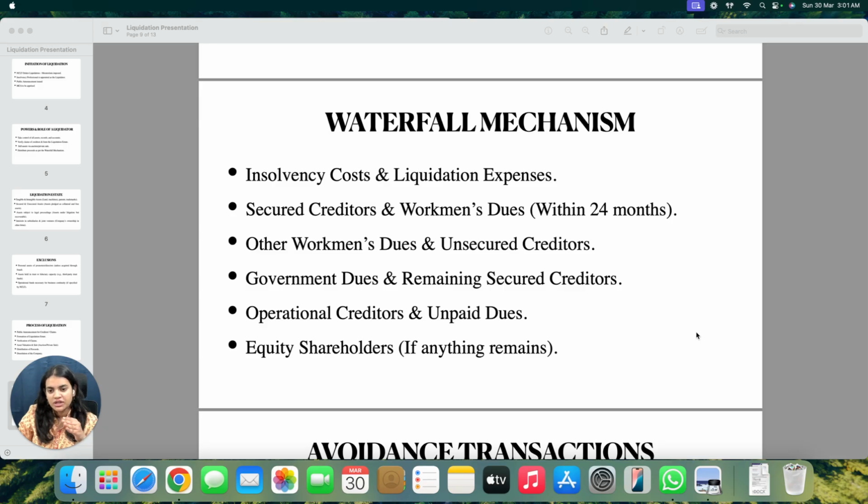If the secured creditors hold a total debt of 80% while workmen's dues are for 20%, then it will be distributed proportionately.